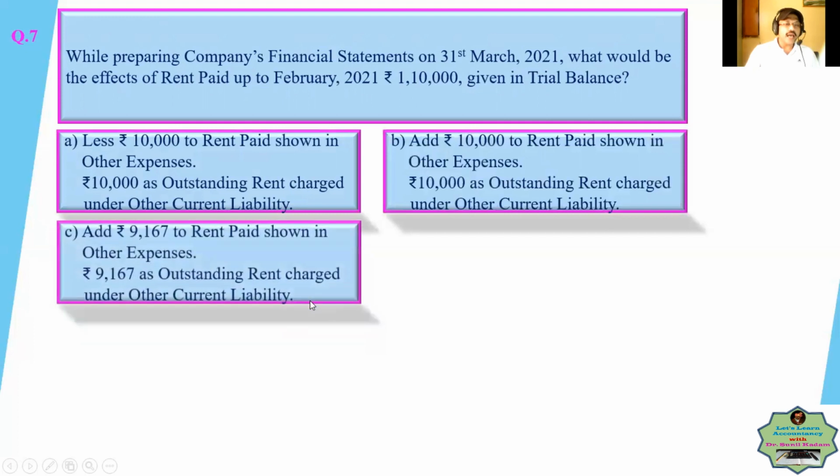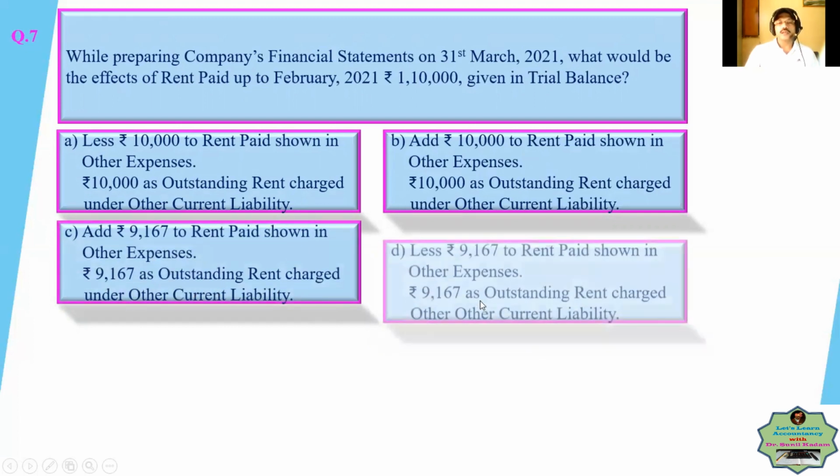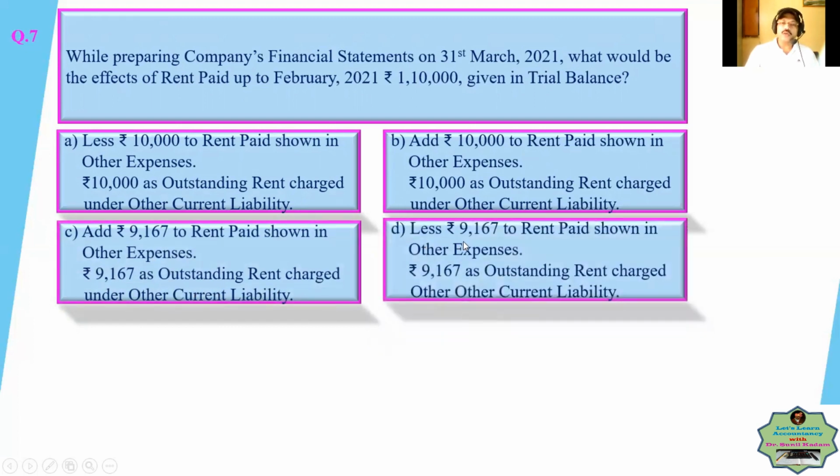Option C, add rupees 9,167 to the rent paid shown in other expenses and rupees 9,167 as outstanding rent charge under current liability. Option D, less rupees 9,167 from the rent paid shown in other expenses and 9,167 as outstanding rent charge under other current liability.